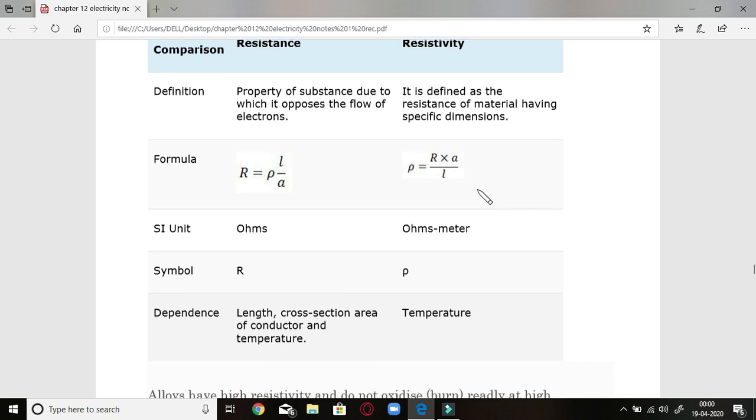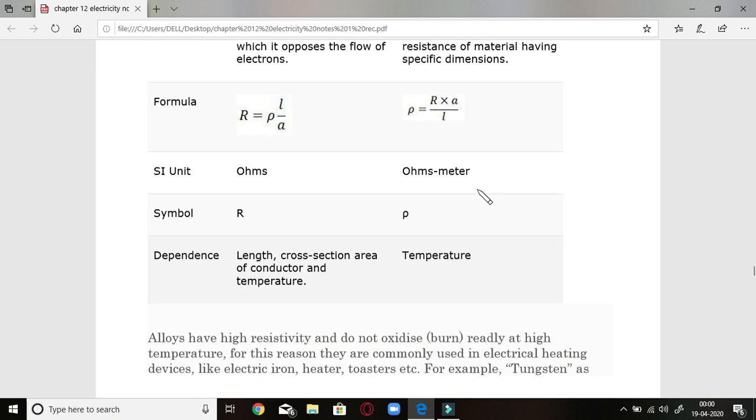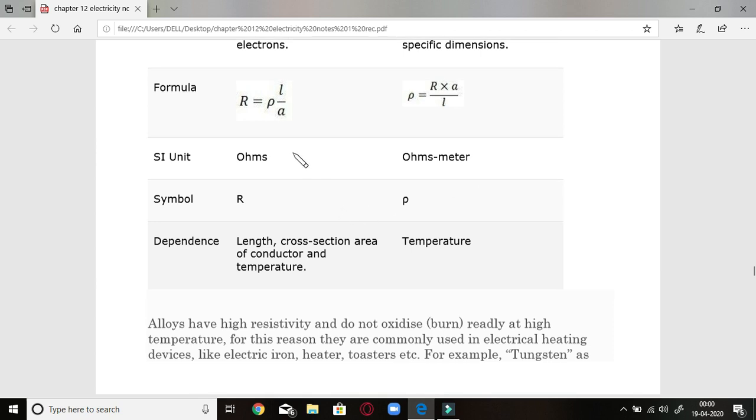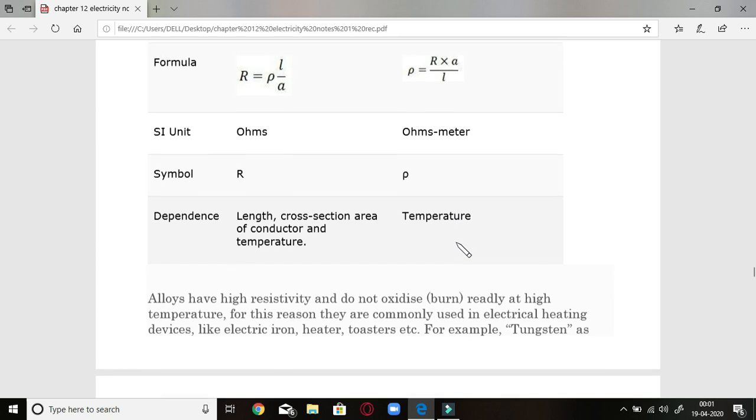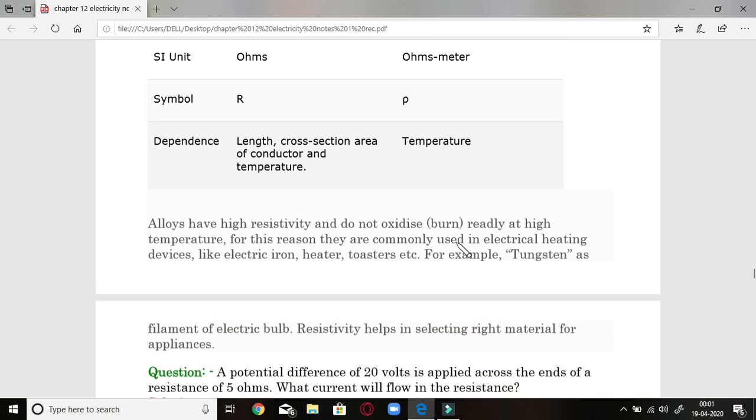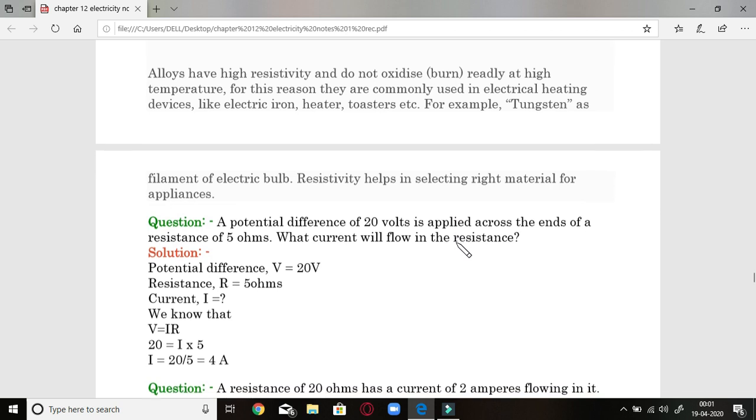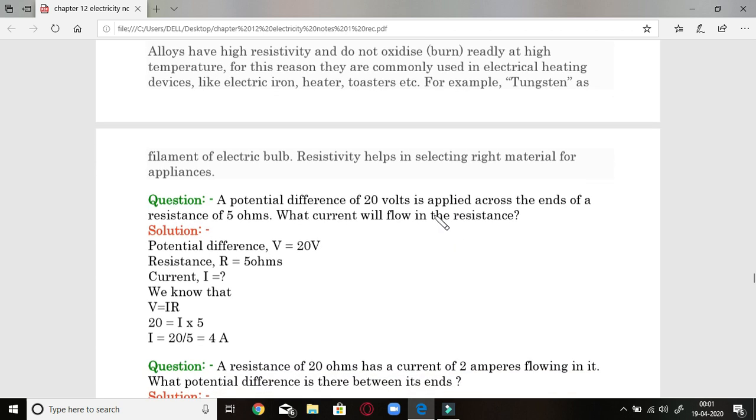R is equal to rho L upon A, whereas rho is RA upon L. The SI unit is different: ohm meter. Symbol R and rho. Dependence: length, cross section area of conductor, temperature, and here it depends on temperature. Alloys have high resistivity. You know why they are special, as we have discussed earlier. They have very high resistivity, as we said.